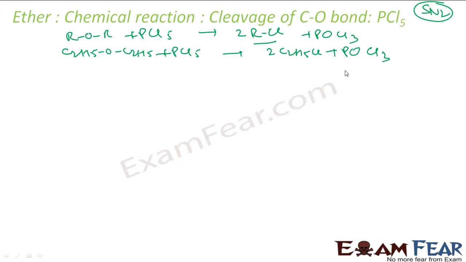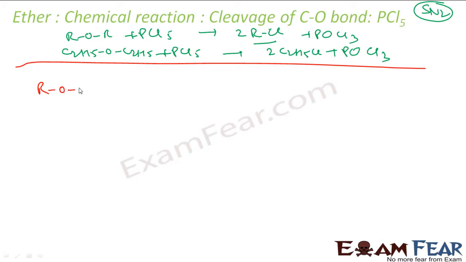We'll see the mechanism now. So let's see the mechanism. Right? So I have ROR with electrons here. I have PCl5, Cl, Cl, Cl and Cl. Correct. This phosphorus again is electron deficient.